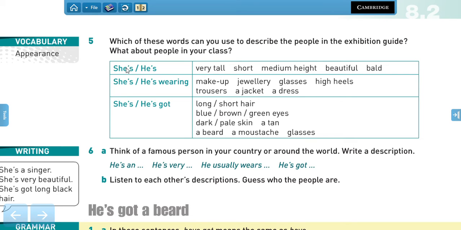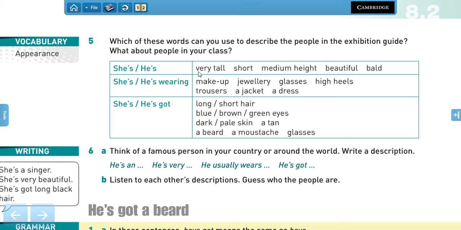The first one is the verb to be. The verb to be is usually used to describe someone's height, someone's weight, or body structure, and sometimes to give opinions on someone's appearance.